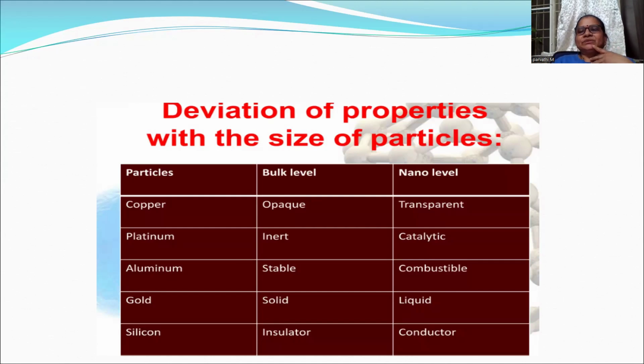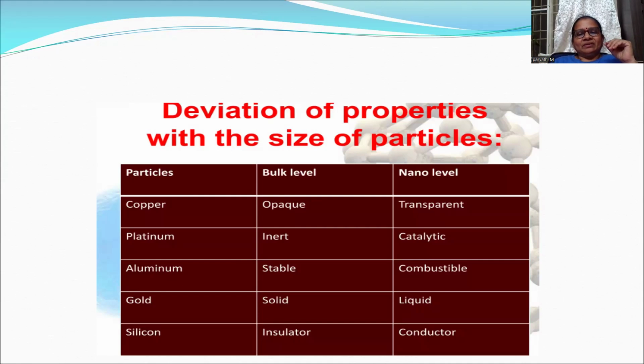Similarly, platinum at bulk level behaves like an inert material, whereas at nano level it behaves like a catalyst. Completely opposite behavior. Similarly, aluminum at bulk level is stable, but at nano level it is combustible. Gold at bulk level looks like a solid, but at nano level it looks like a liquid.